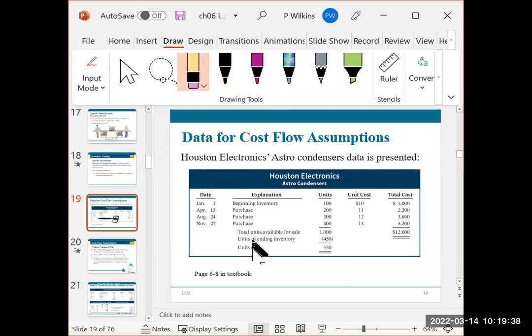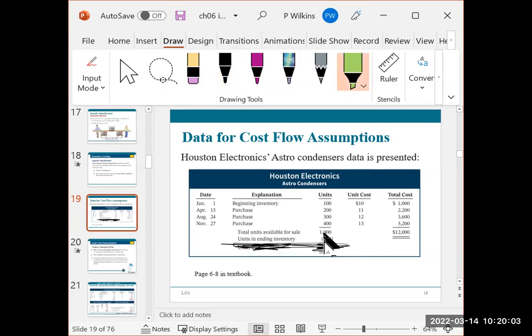The other thing is, let's say that the problem said we want to know the cost of goods sold, okay? They have to give you one number. They either have to give you the number sold or the number that are in ending inventory, because there's no way for you to get the other number unless you have one, okay?